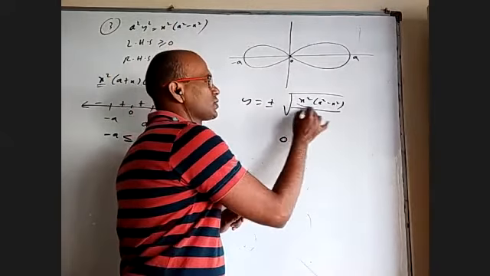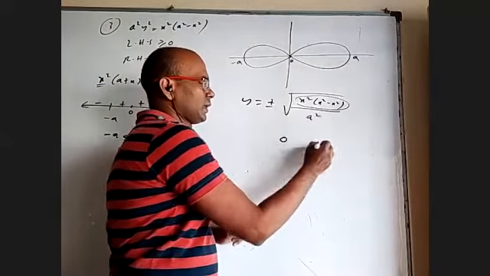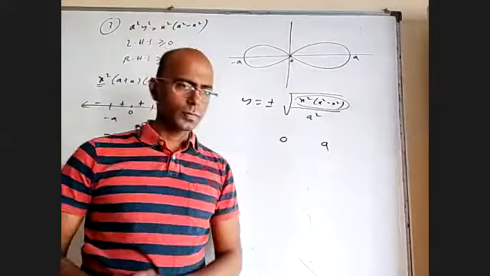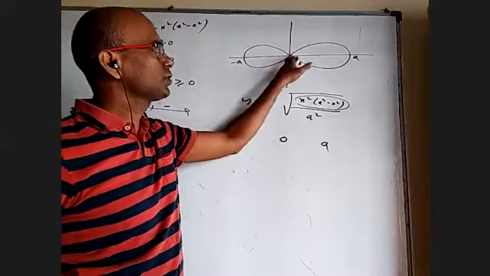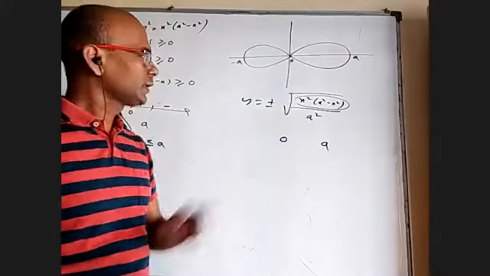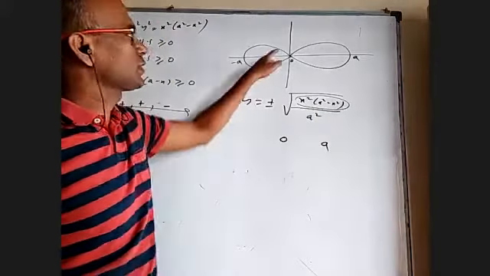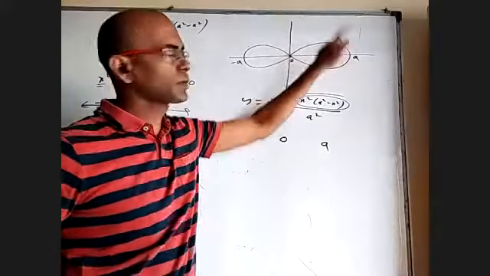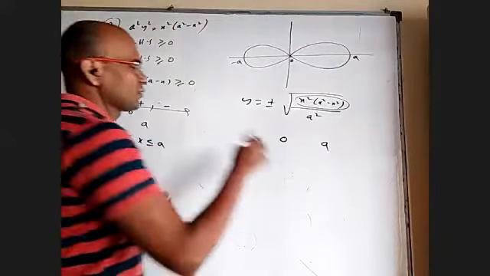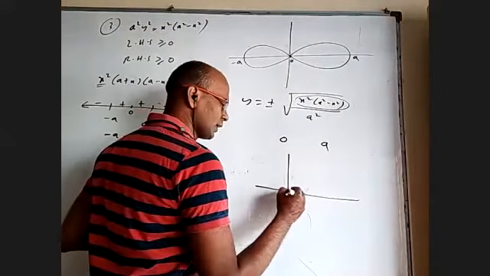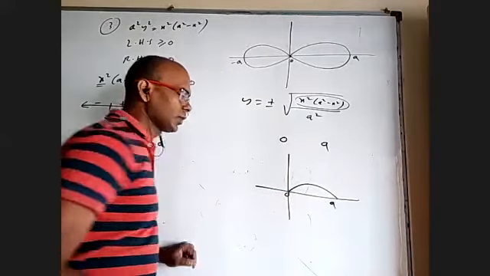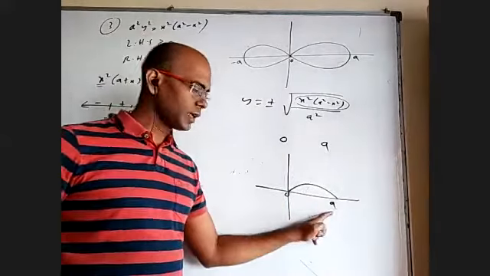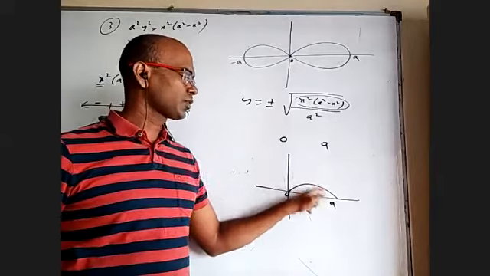At 0, this is 0 because of this. At a, this is 0. In between some positive value. So that's why it starts with 0, increases to some value and comes back. So at least in the first quadrant, no doubt, the graph is somewhat like this, because at 0 it is 0, at a it is 0, in between goes to some positive value and comes back.